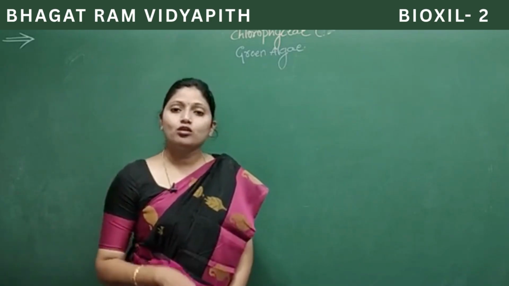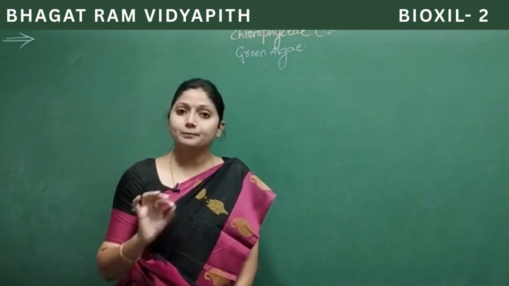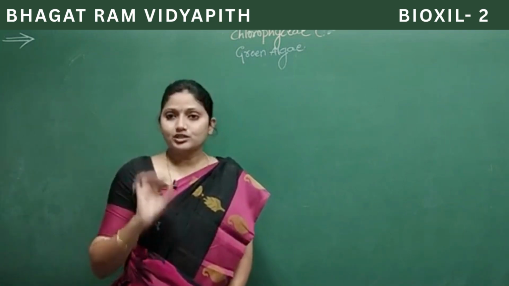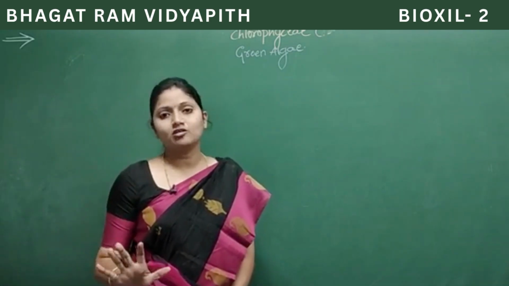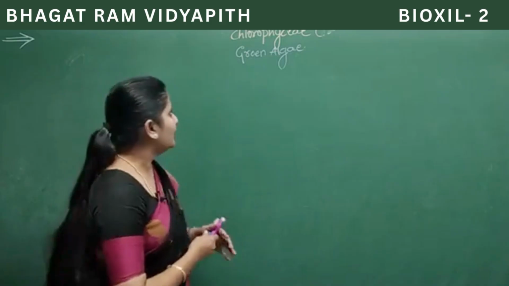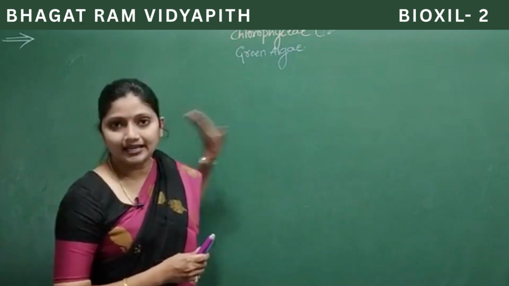Similarly, these algae also have predominantly chlorophyll A and chlorophyll B. Since they have these two pigments, they usually look green in color, hence they are called green algae.